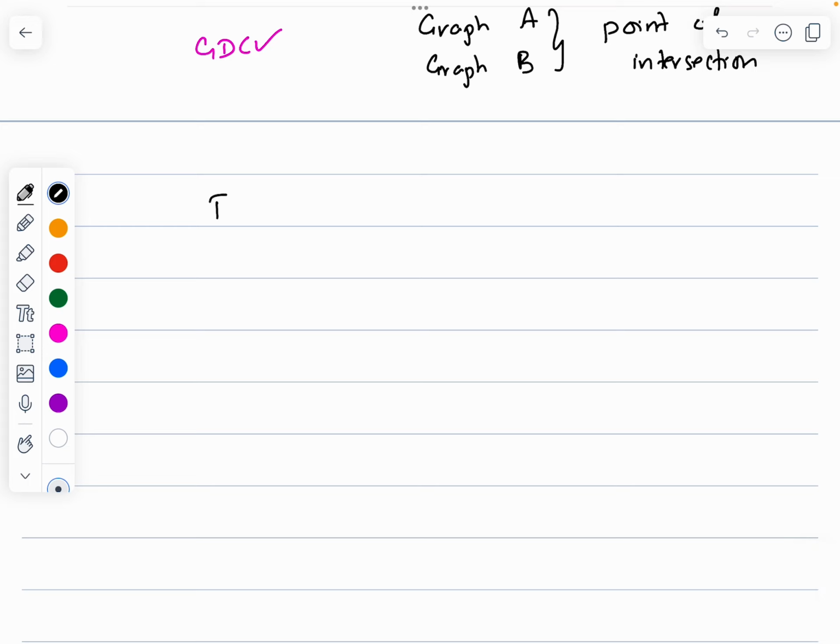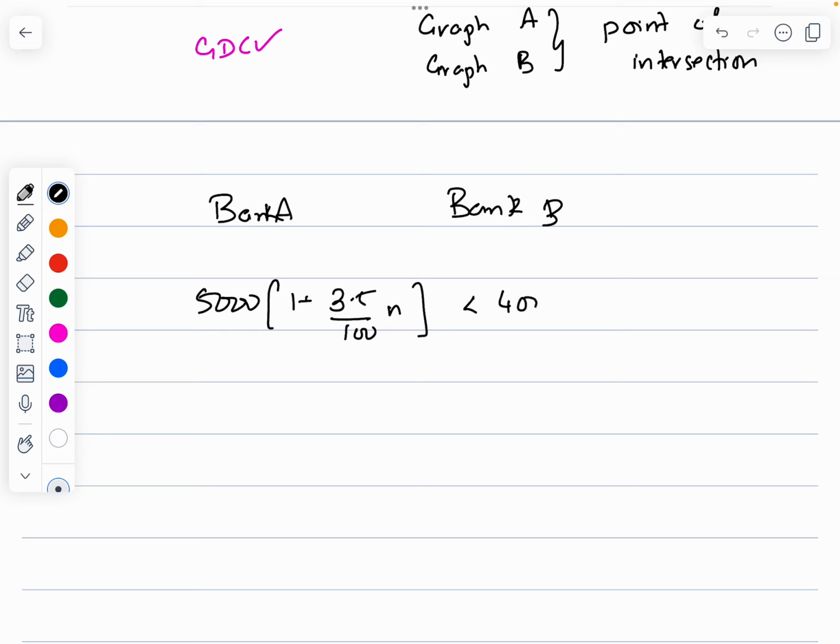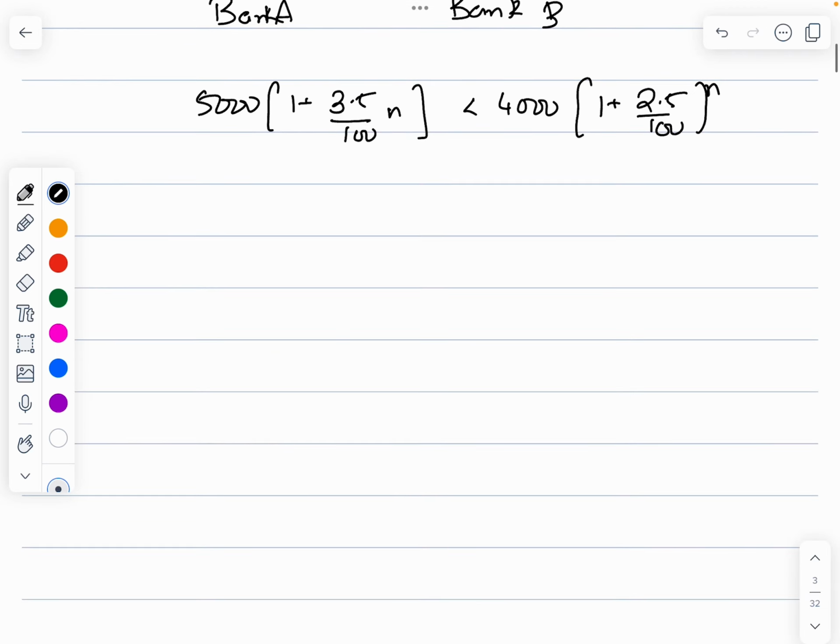Bank A and Bank B: 5,000 times 1 plus 3.5 upon 100 times N should be less than 4,000 times 1 plus 2.5 upon 100, whole to the power of N. Now, use equal to and use the GDC, and you will get the N value as 50.0091. That's going to be the answer for question number 1.